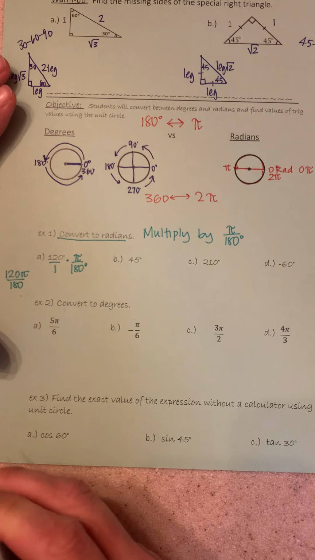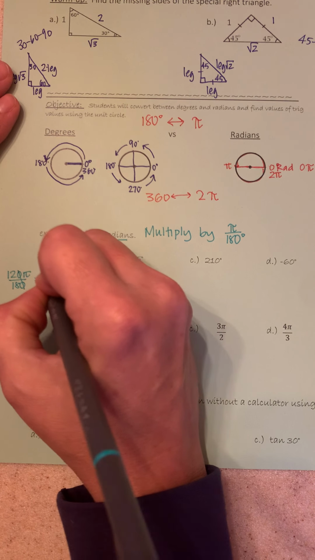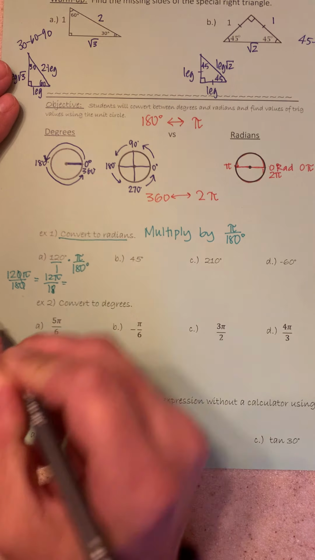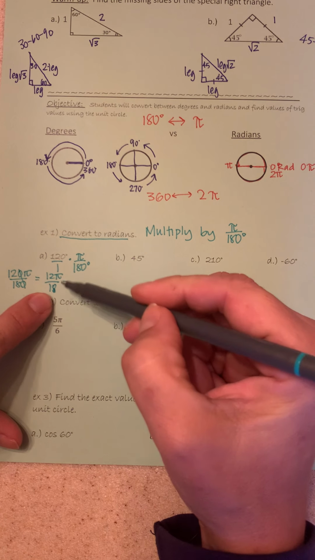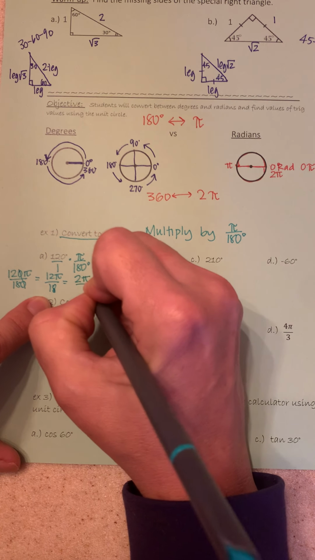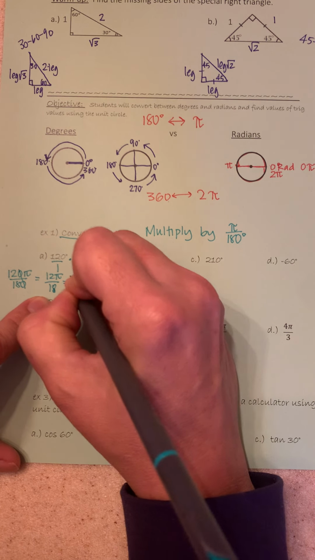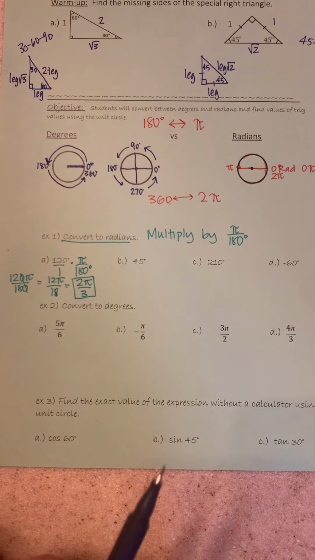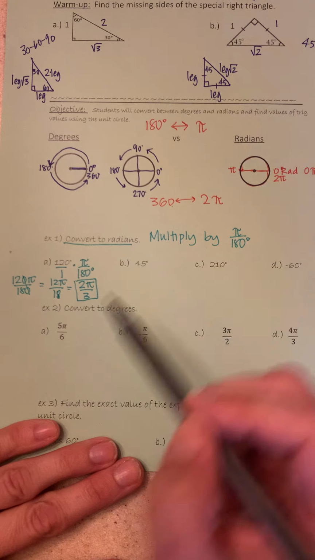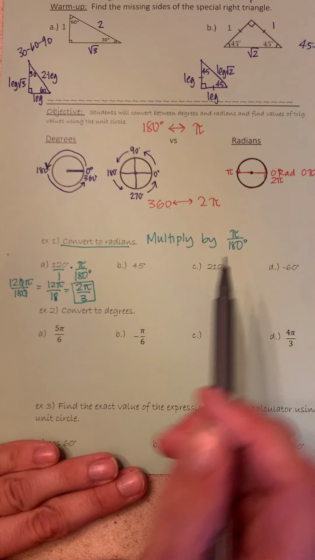Well, quickly I know that I can cancel the zeros. So 12 pi over 18. And some of you are good at using your calculator to simplify this. I can divide these both by 6. So this would be 2 pi over 3. So this is the radian version of 120 degrees. So anytime I want to switch to radians, I can do this fraction.